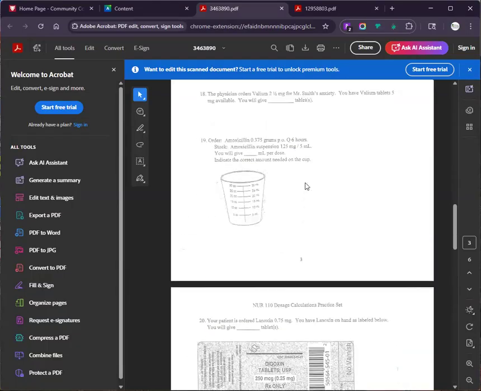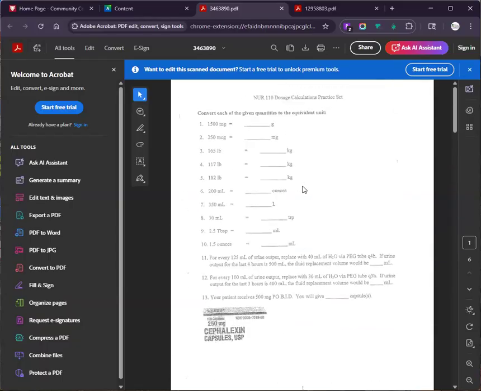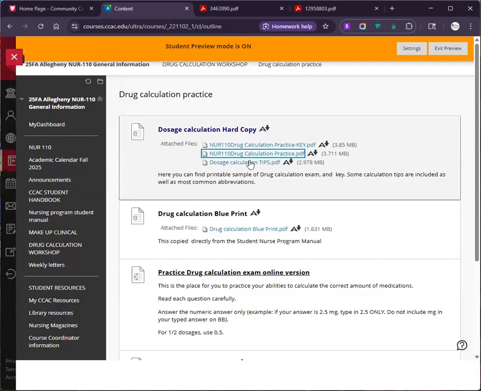I will say, though, that your test is going to be on Blackboard unless that's changed. So you won't necessarily need to worry about this part too much, other than practicing the types of questions that you will see going into the next couple semesters.